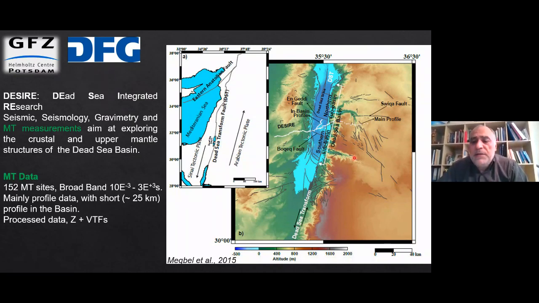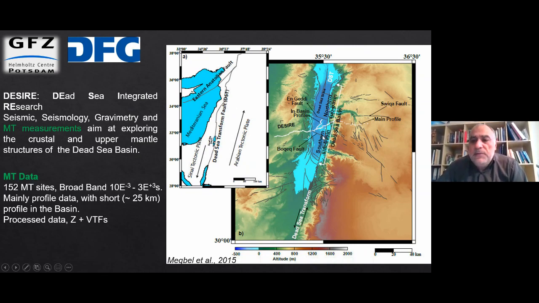We are interested in that part of the world because we have the Arabian plate, the tectonic plate at the eastern part, and the Sinai plate, and in between them, as you know, we have the Dead Sea transform, which is one of the largest, longest strike slip transform faults in the world.